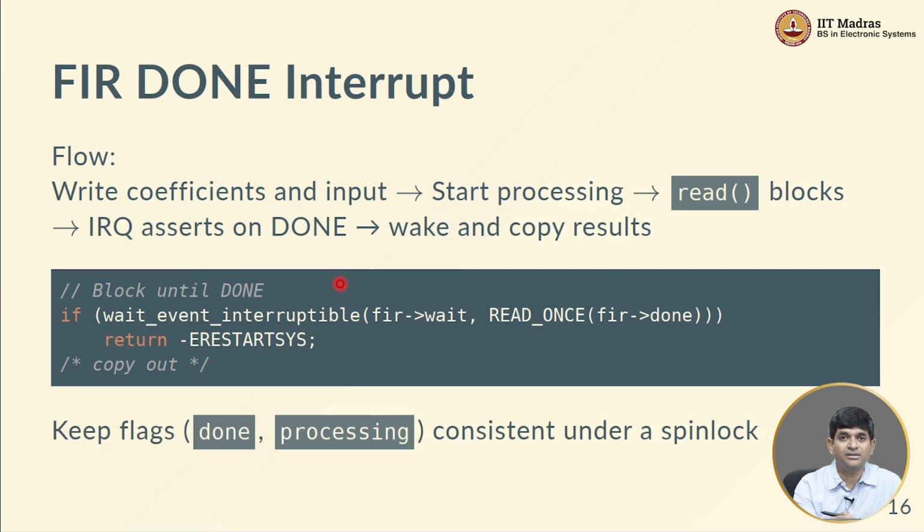And once that is done, the read function will wake up. It needs to copy the data out from where it is, and it can be used in order to see the results, right. So with the wait event, essentially what I'll be doing is waiting for this FIR done value, which, like I said, will only get atomically set inside the IRQ handler when the IRQ actually happens.